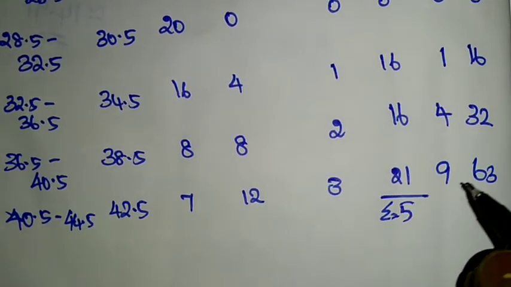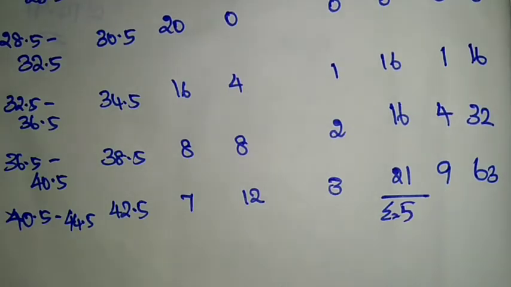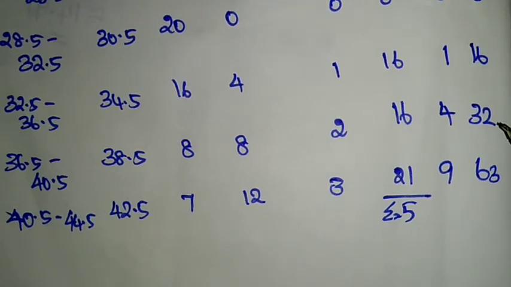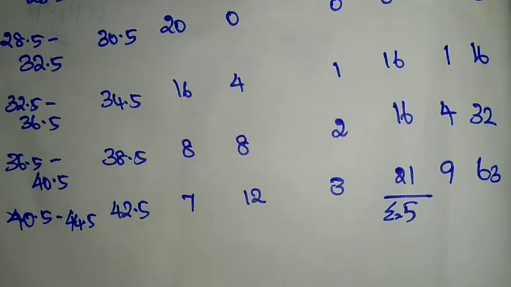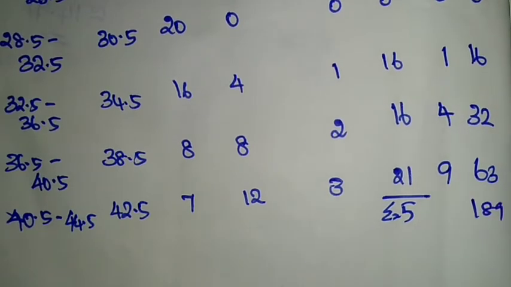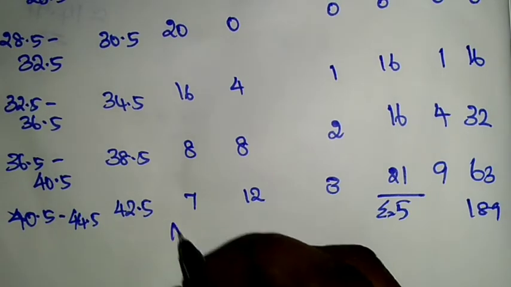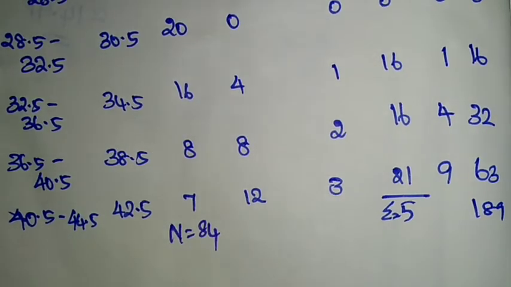And fi di square: 60 plus 18, 78. 78 plus 16, 94. 94 plus 32, 126. 126 plus 63, 189. So here the total number of plates is equal to 84.